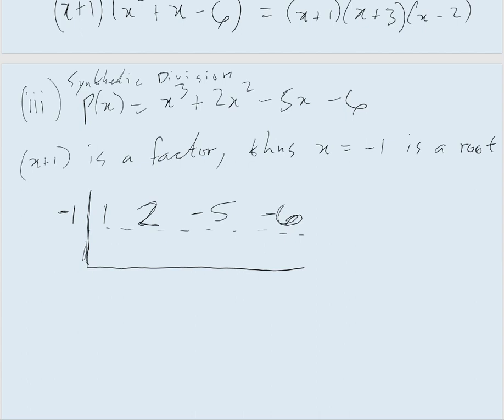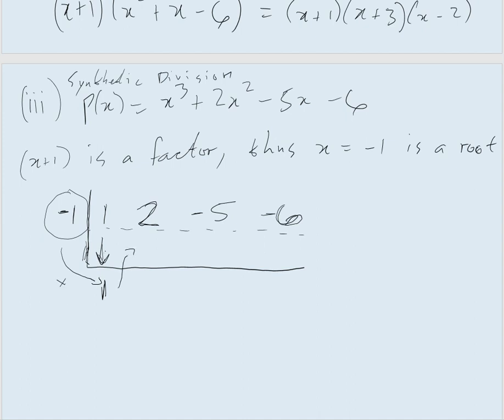And then what you do over here is the first column in this bottom row, you ignore it. And what you do is you bring down that first coefficient.